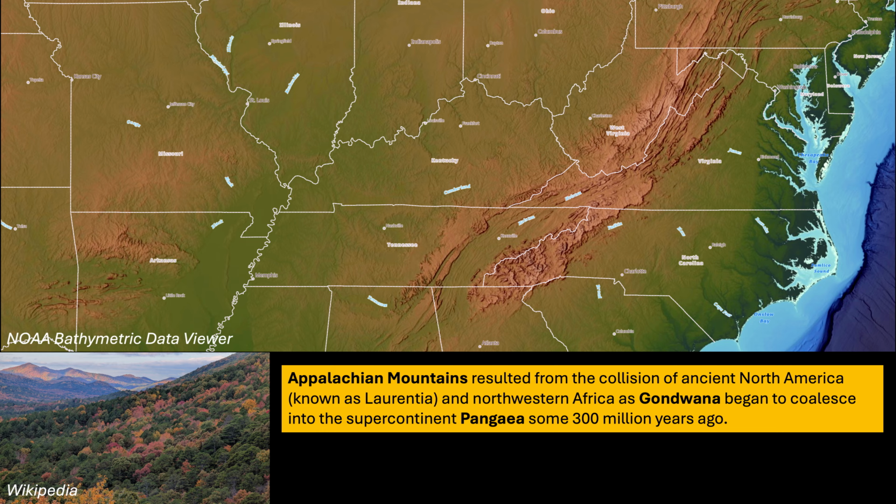The Appalachians formed when the ancient continent of North America, which was known as Laurentia at that time, collided with Pangaea, the African part of Pangaea, in fact, and those mountains went up as a result of that collision. So that was the orogenic belt, and it's called the Appalachian orogeny. In the Ouachitas, it's called the Ouachita orogeny.